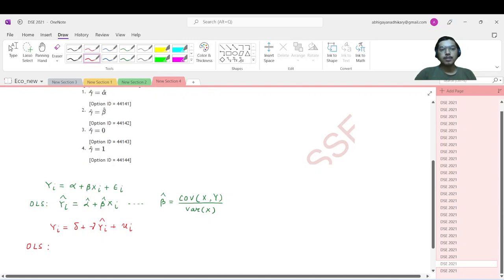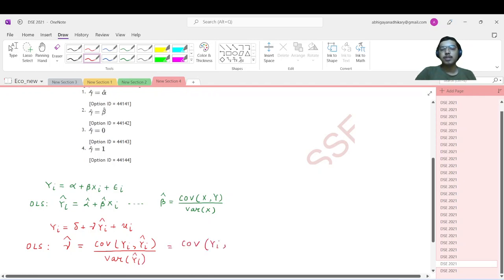Now have a look at this. If you understand it from the previous one, what will be the estimate gamma hat? It will be basically covariance between yi and yi hat divided by the variance of yi hat, right? This is what it will be.